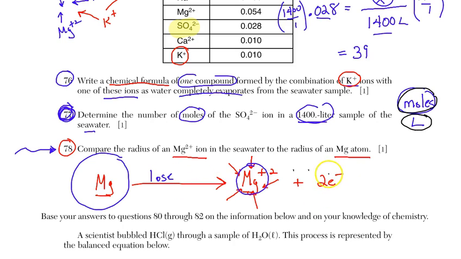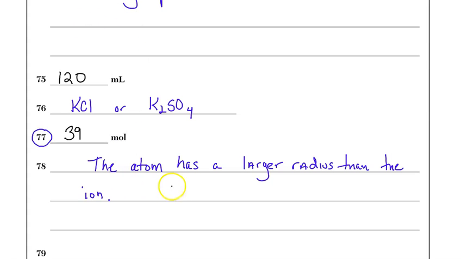Because by losing 2, like I said, the remaining protons who don't change, you're not gaining 2 protons, the remaining protons outnumber the electrons, and those electrons now can pull in closer. The electrons feel the nucleus more. Any case, again, the atom has a larger radius than the positive ion.